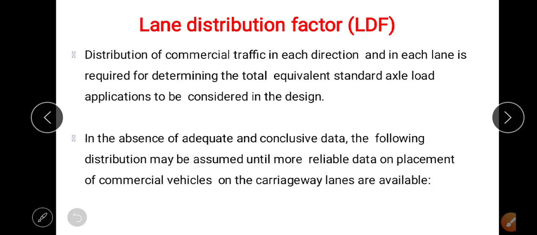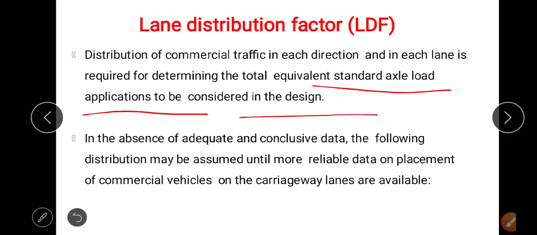LDF, lane distribution factor. Distribution of commercial traffic in each direction and in each lane depends upon the number of lanes, which is required for determining the total equivalent standard axle load applications, and it should be considered in the design. Okay? So lane is important, commercial traffic is important, number of vehicles, and then it is to be used in the design as equivalent standard axle load.